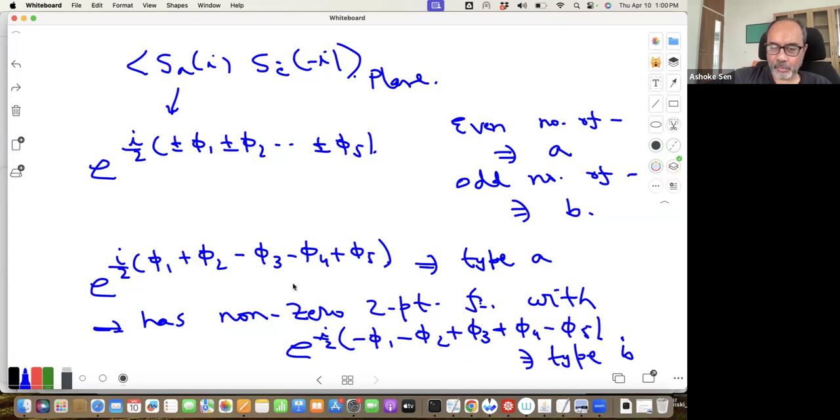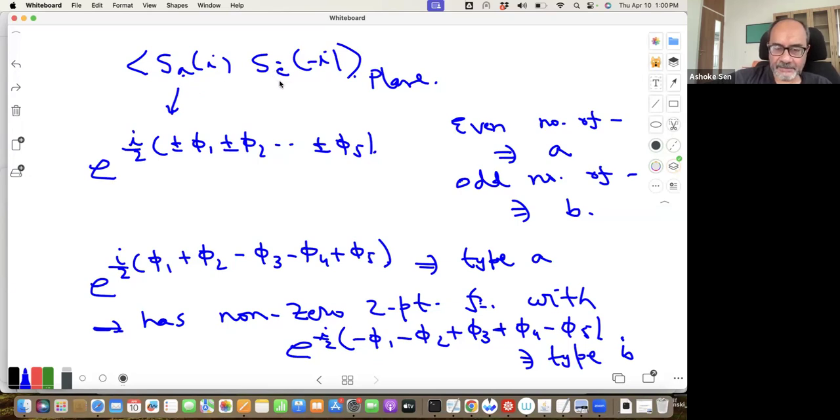And this is true generally. So what this is saying is that the two-point function like this is in fact non-zero only when, if one is of type A, the other one has to be of type A dot. Right? They have to have opposite chirality. Only then you can have a non-zero two-point function.